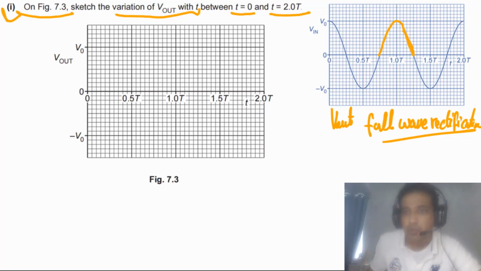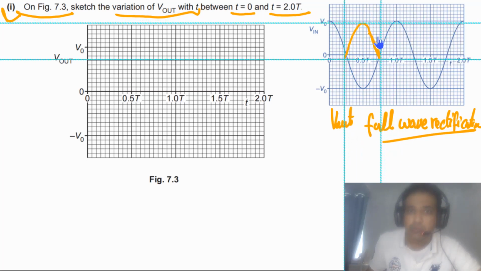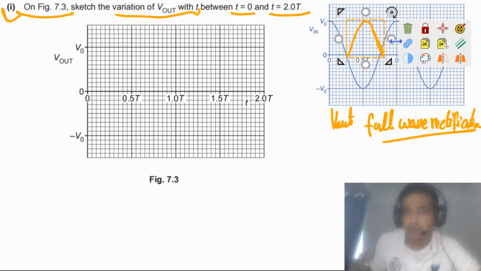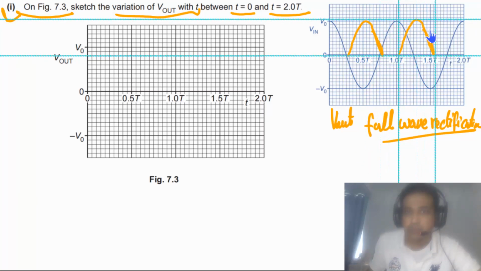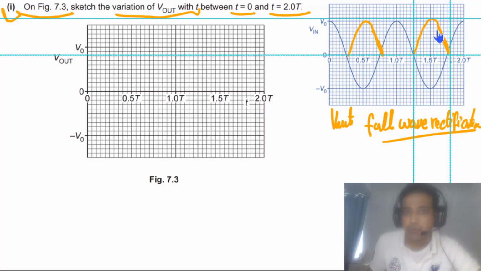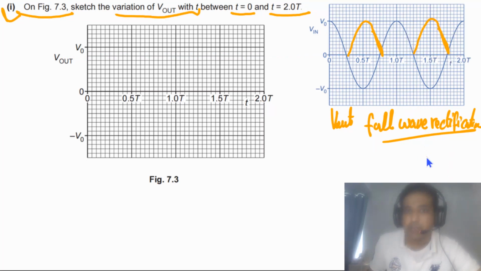Now we can simply copy this part here. The negative in this case becomes positive, and we can move again so this also becomes positive.